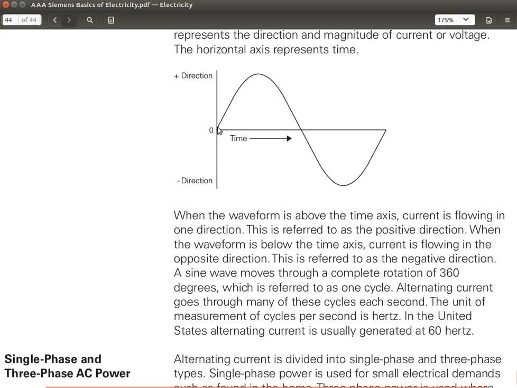Alright, so what you have happen is that at one point in time, the current is 0. Then it rises, increasing. So you might have, a few milliseconds later, let's assume that the maximum is 5 amperes.